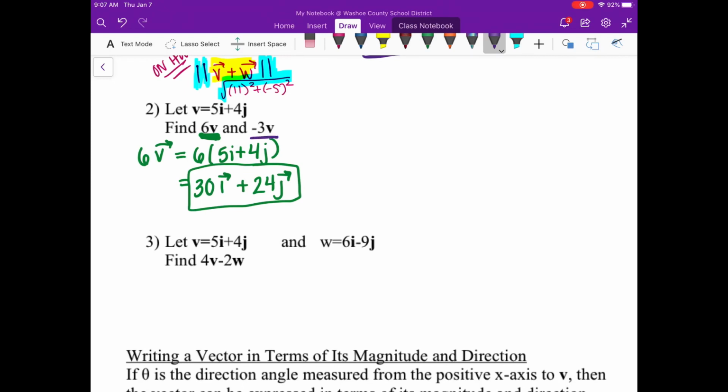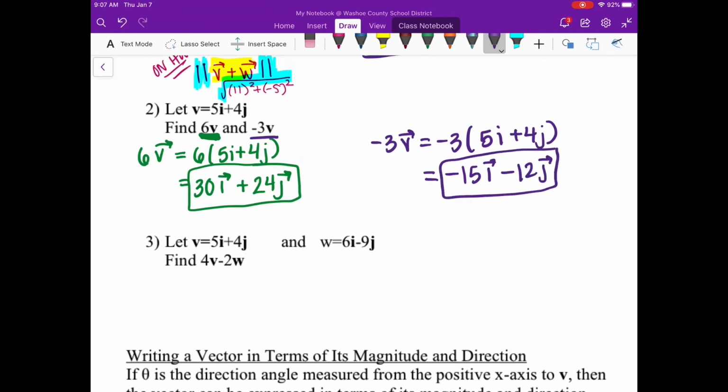It's that simple when it's just multiplying by a scalar. Same thing with the -3. It's asking me to multiply the vector, -3 times vector v. So that means I'm going to multiply -3 by everything that the vector is represented by. That means I get -15i minus 12j.